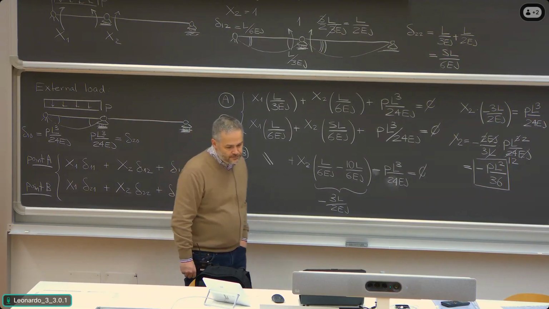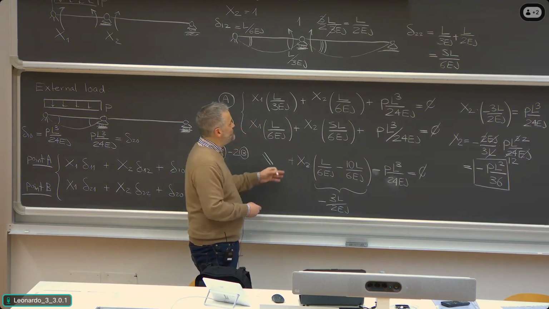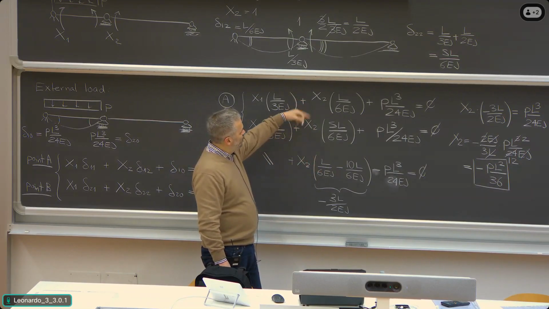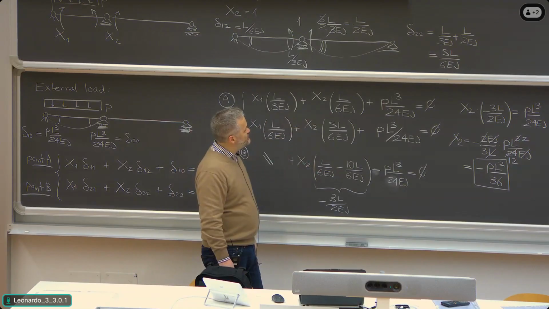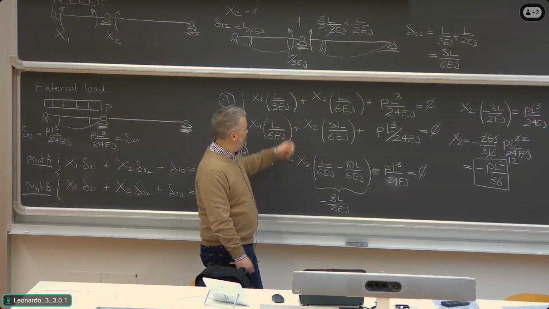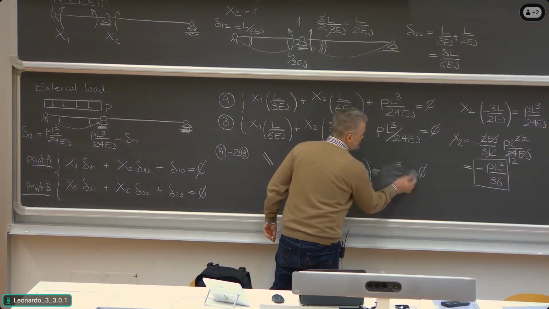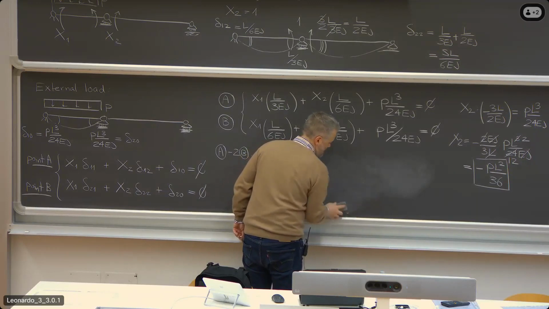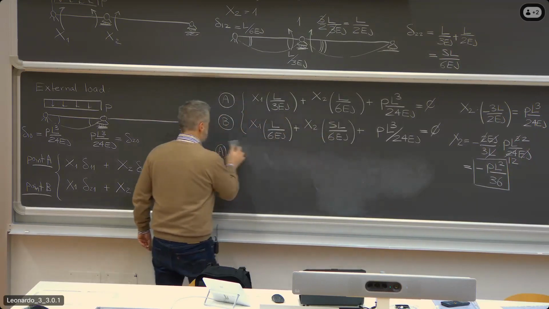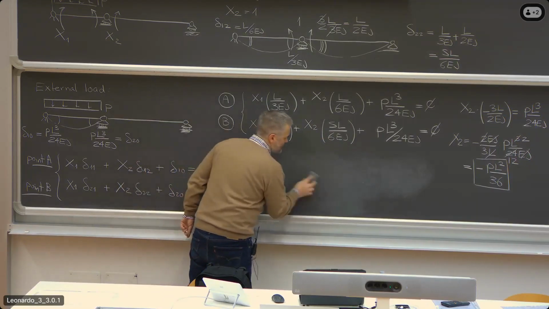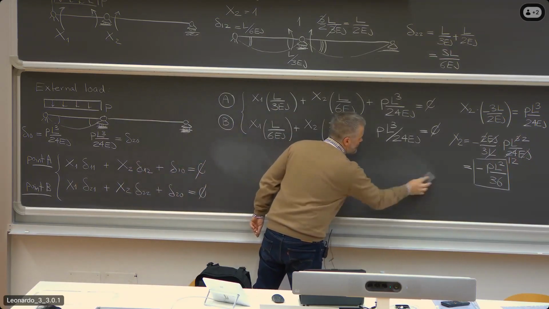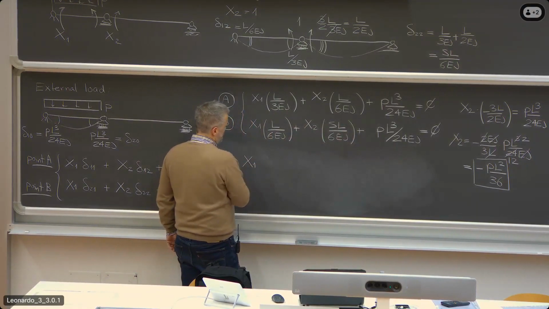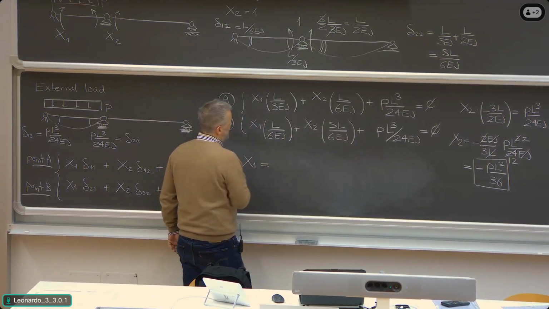What can you do then? Well, you simply have to replace x2 in one of the two starting equations. So, for example, equation 1. x1 will be equal to what?